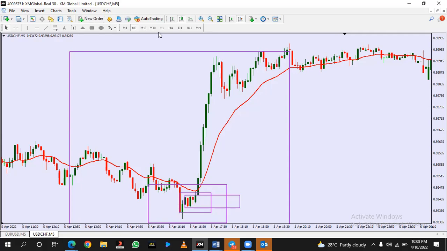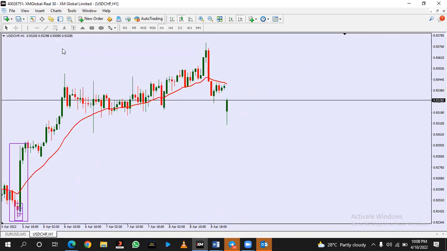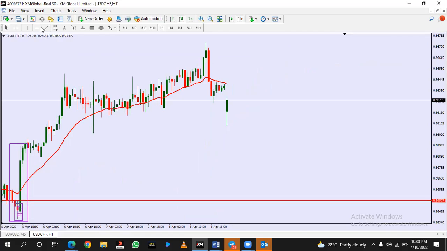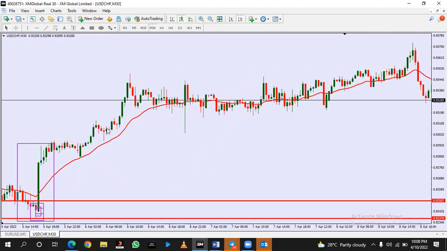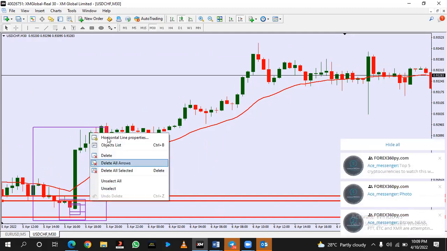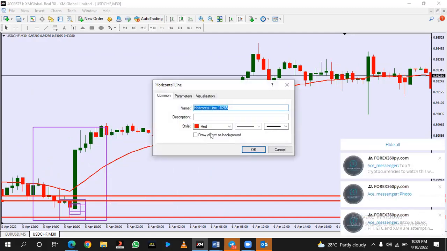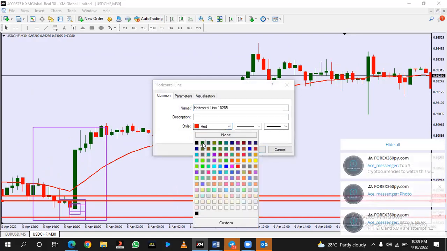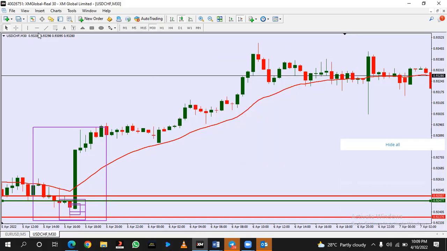When we come to 1 hour, this is how big our order block region is. This is it here, and this particular low. When we come to the 30 minutes, this is how small our order block region is. Let me change the color of this to green, and this particular point.